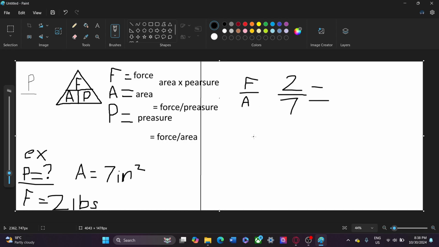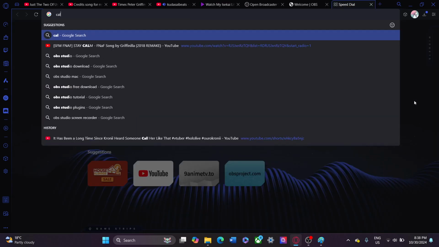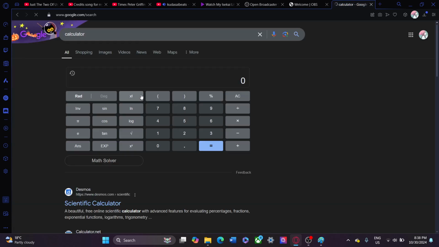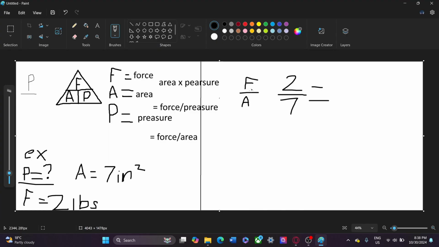That equals a number that I don't want to do the math for, so I'm pulling up a calculator. Instead of writing this whole number down, we would just write the first 2 or 3. Usually we should do 3. So it would be 0.287.